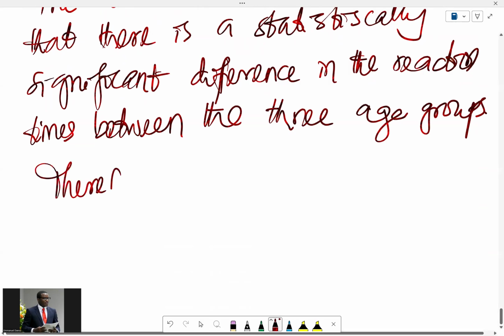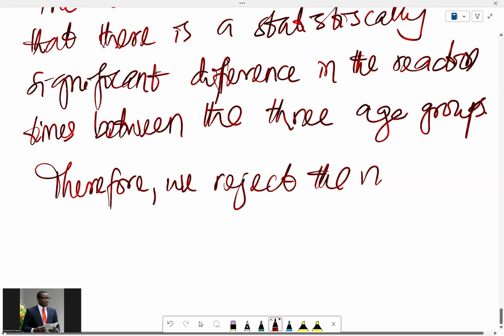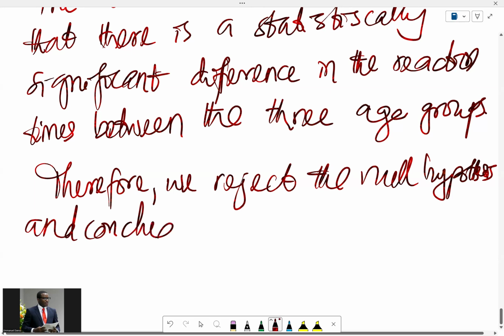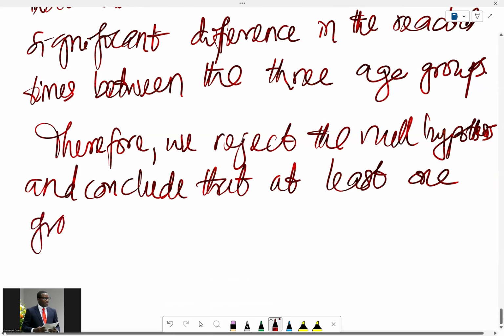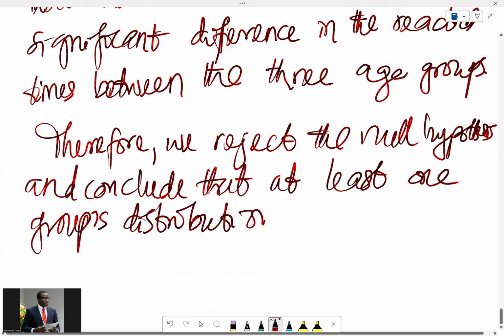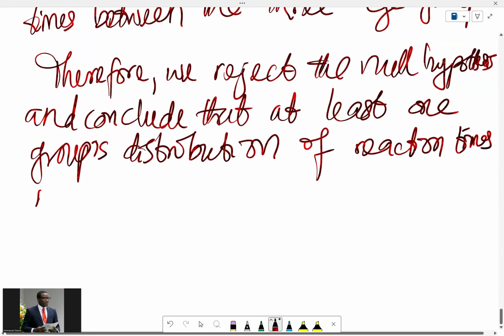Therefore, we reject the null hypothesis and conclude that at least one group's distribution of reaction times is different from the others.